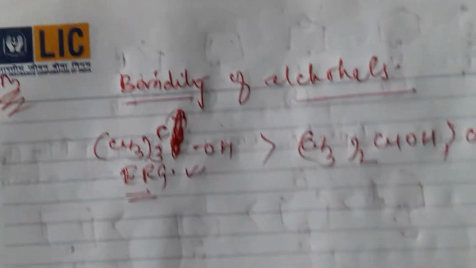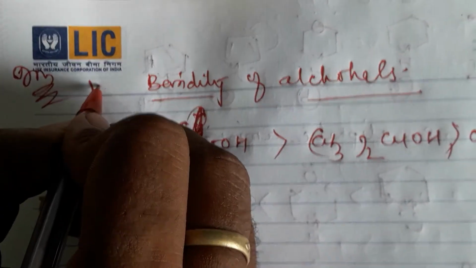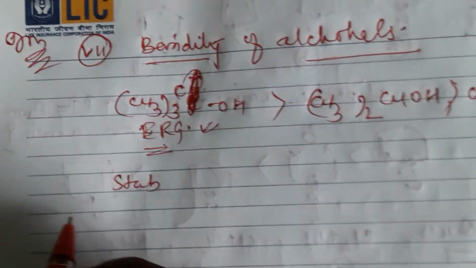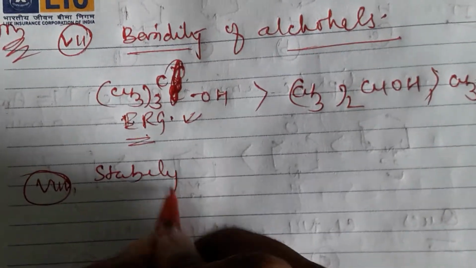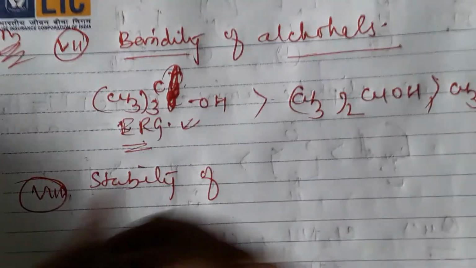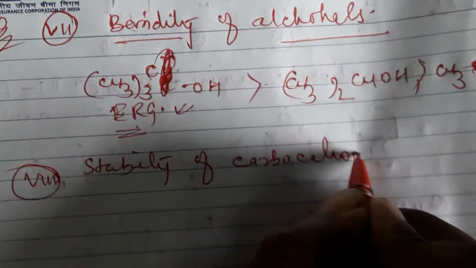Again, the stability of carbonium ion. It is the eighth point: the stability of carbocation.